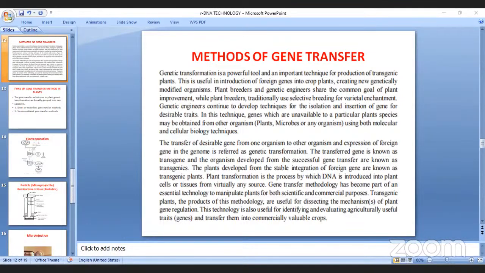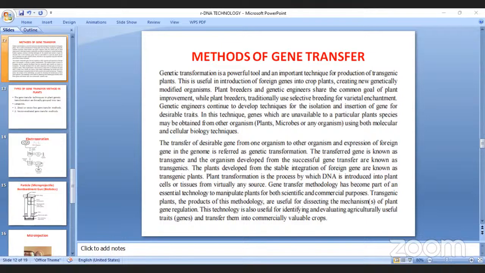The plant breeders and genetic engineers share the common goal of plant improvement. While plant breeders traditionally use selective breeding for varietal enhancement, genetic engineers continue to develop techniques for the isolation and insertion of genes for desirable traits.